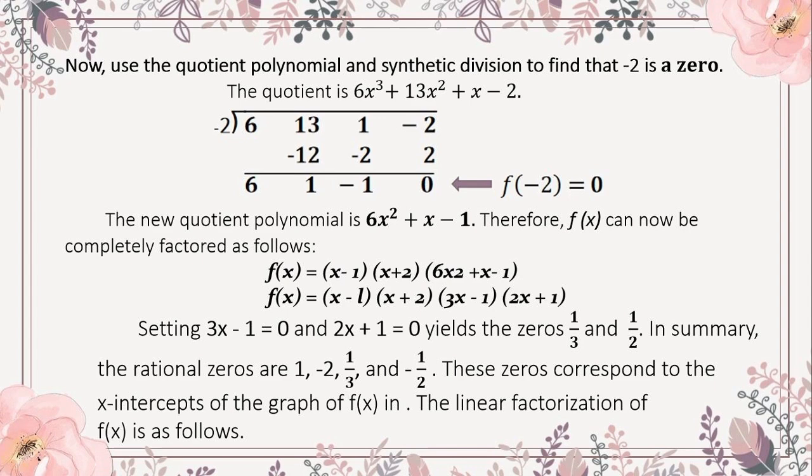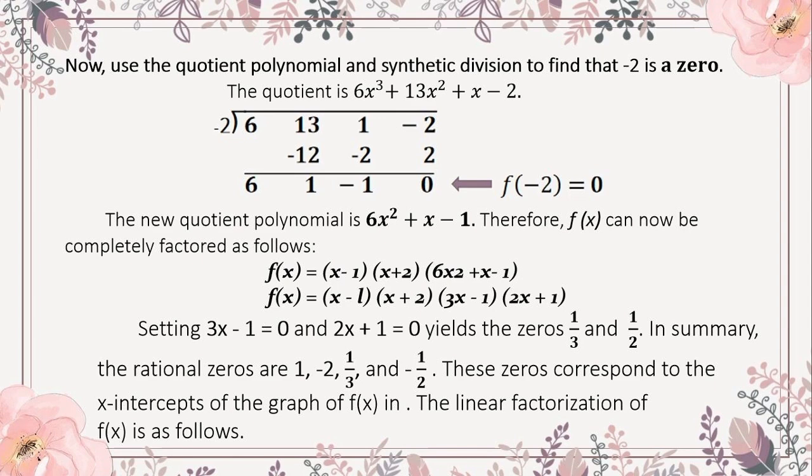So continue the process. We get the remainder 0, confirming that x is equal to -2 is also a root, and it is a real zero, a real root. So our new quotient polynomial is 6x squared plus x minus 1.